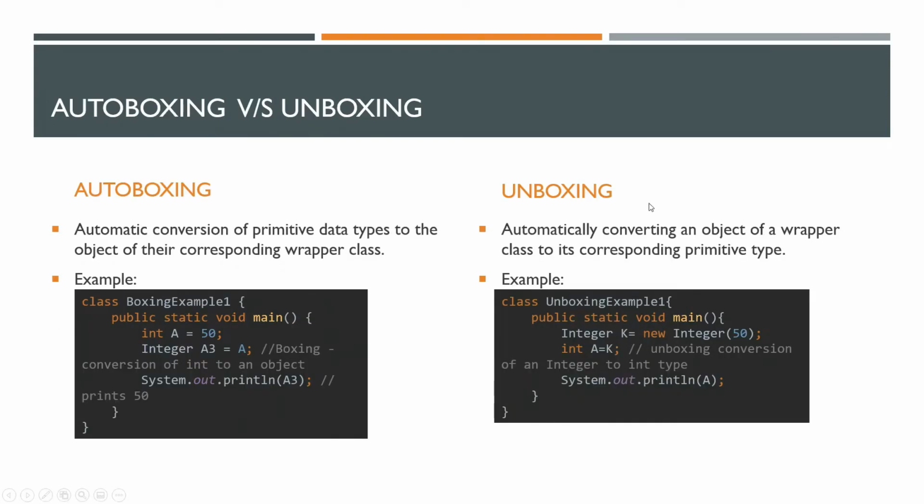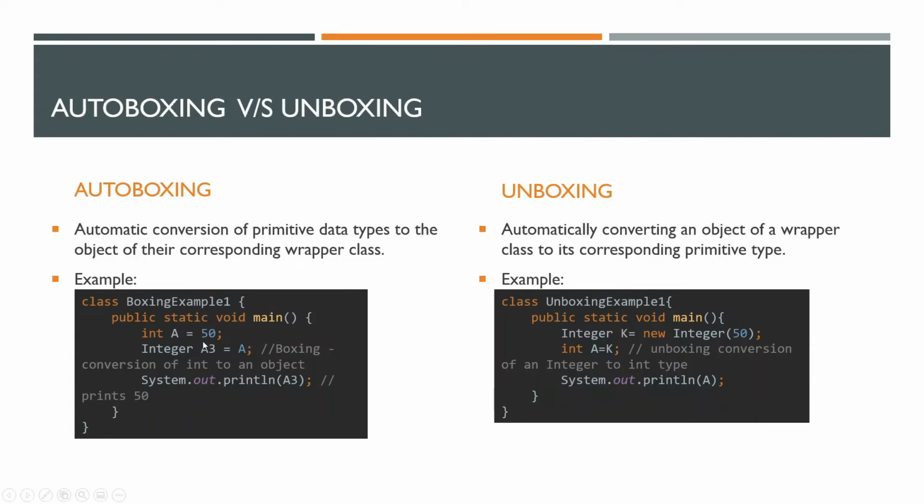There are two concepts that come under wrapper classes, which are autoboxing and unboxing. Autoboxing is nothing but the automatic conversion of a primitive data type to an object of its corresponding wrapper class, whereas unboxing, as you may have guessed, is the automatic conversion of a wrapper class object into its corresponding primitive type. Now, there are two examples of this, and I'll go over them for you.